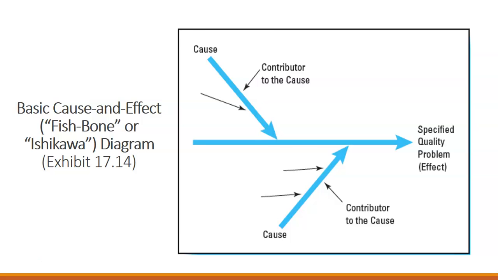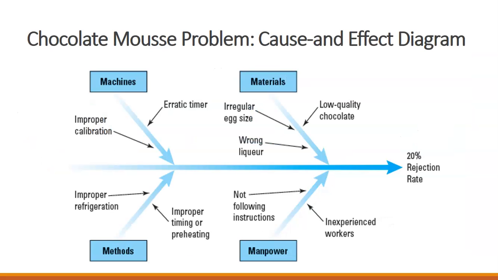When we look at this chocolate mousse problem again, we see materials, machines, methods, and manpower, where irregular egg size, the wrong liquor, and low quality chocolate have a higher rejection rate, and manpower issues like not following instructions and inexperienced workers, versus just improper calibration of machines or improper refrigeration.